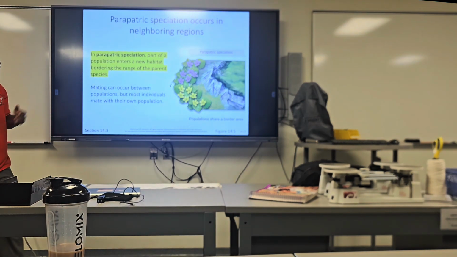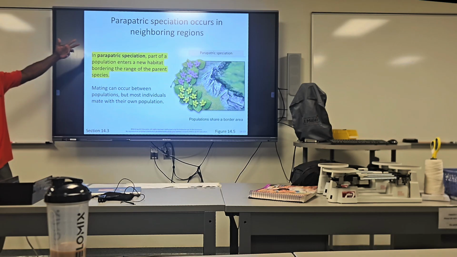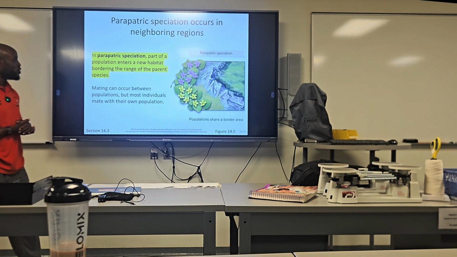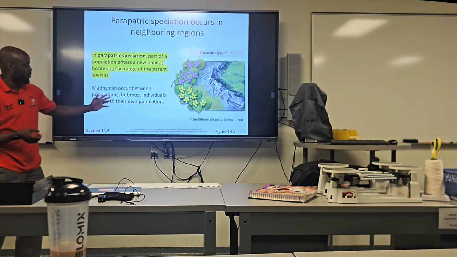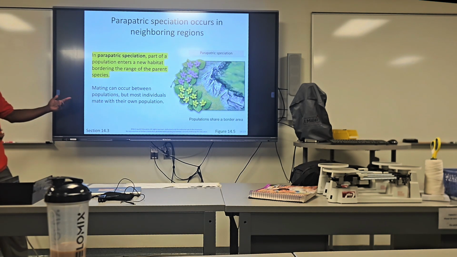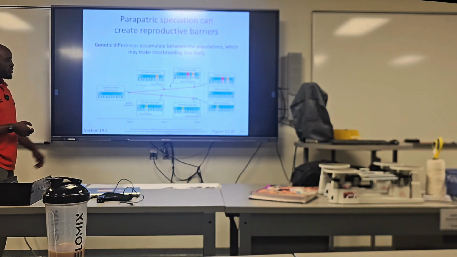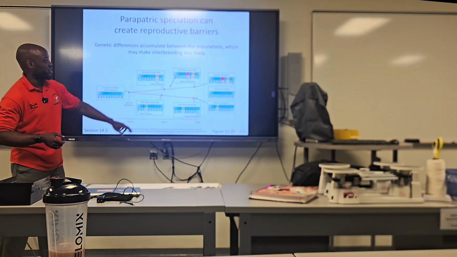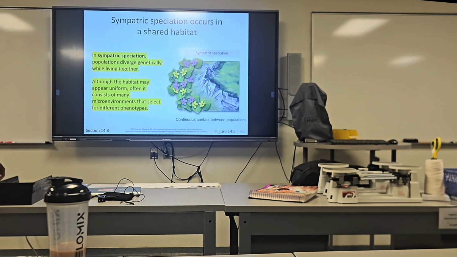So the next one is parapatric speciation. Part of a population enters a new habitat. Mating can occur between populations, but most individuals mate with their own population, right? You could have a genetic difference, a mutation that develops and somehow creates another species that way. And then you have sympatric speciation, where populations diverge genetically while living together.